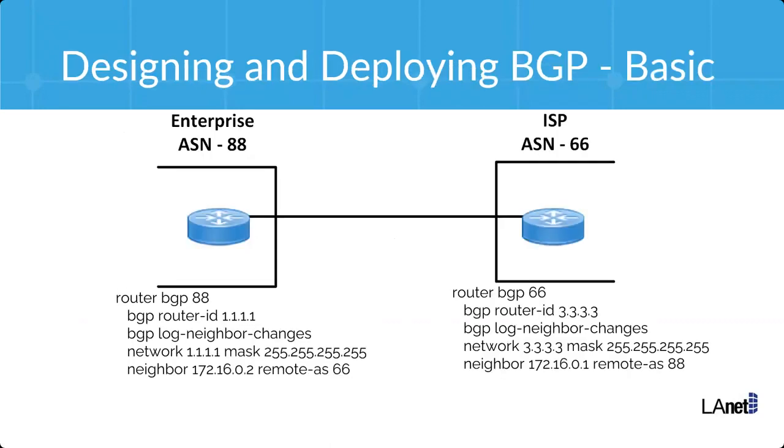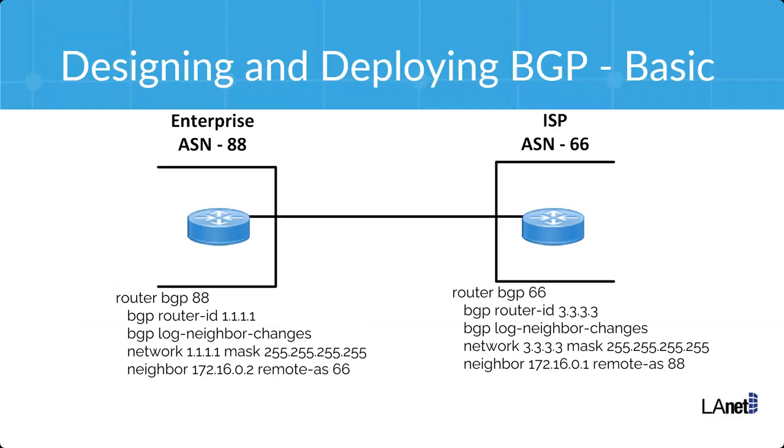So now let's start taking a look at deploying BGP. And we've got several use cases we're going to look at. The first one is the most basic BGP you could ever set up, right? When you first start playing around with BGP in a lab, this is what it might look like. I have my router, my ASN, which is 88.